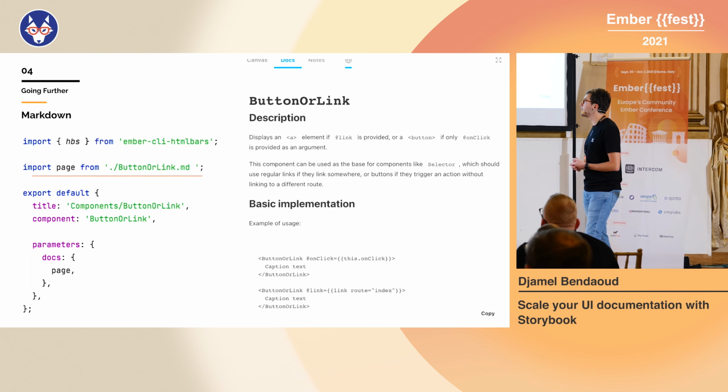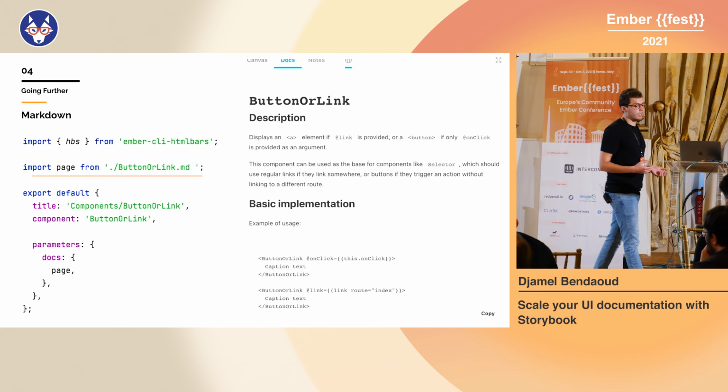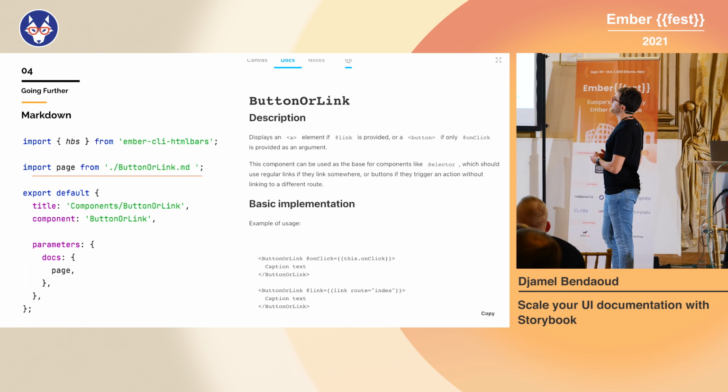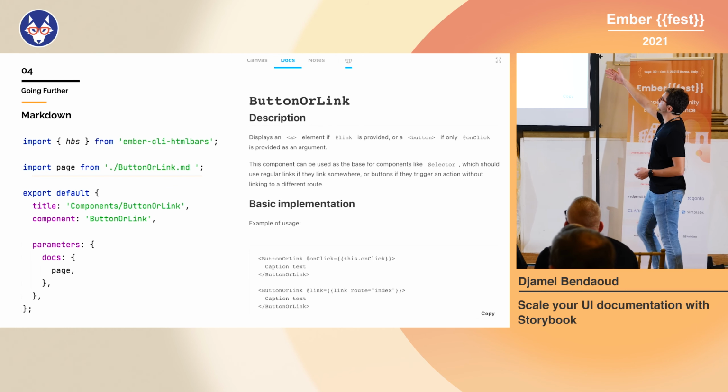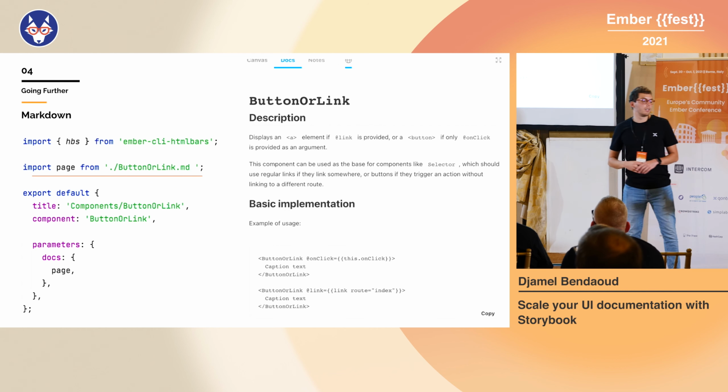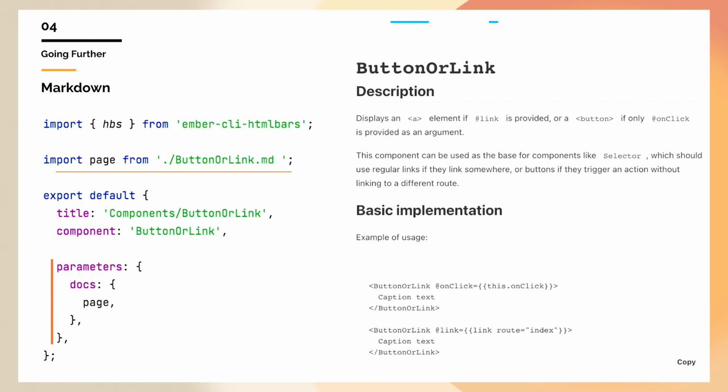You can write anything that will go in a Markdown. For example, in this example, we're describing that the button or link displays an element if the link is provided. We did import this file, and we will add a new parameter to our story to take a docs key, and this docs key will be our Markdown. And the Markdown will be simply rendered in the story.